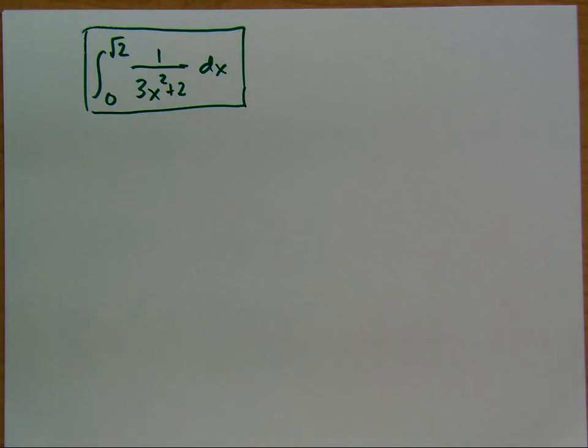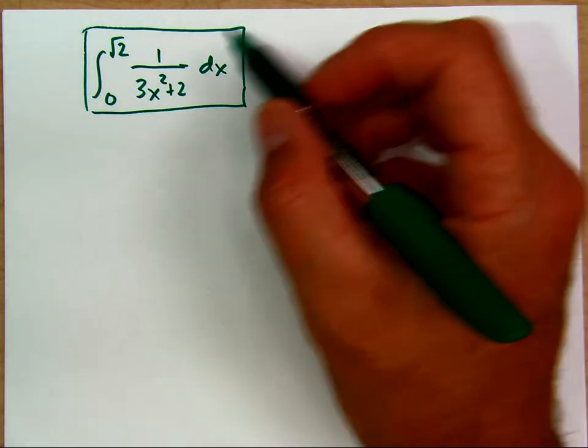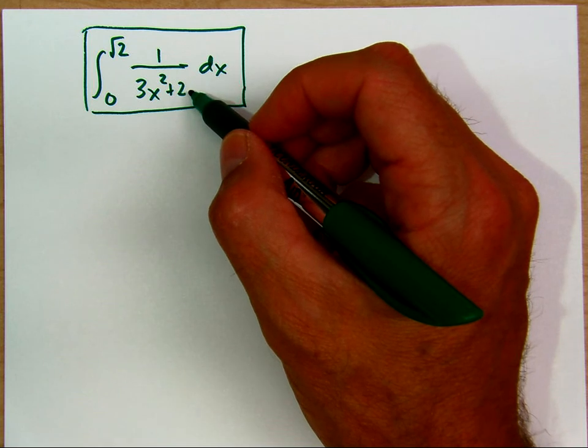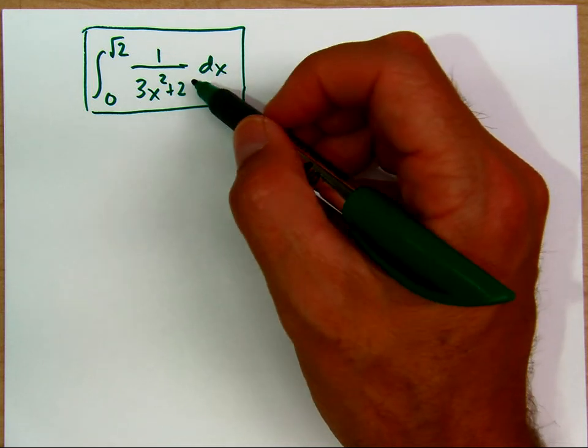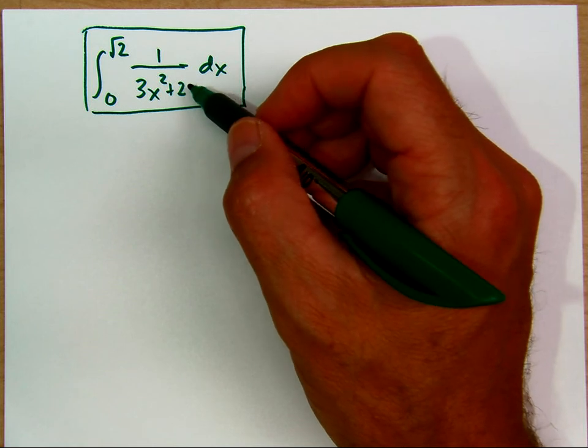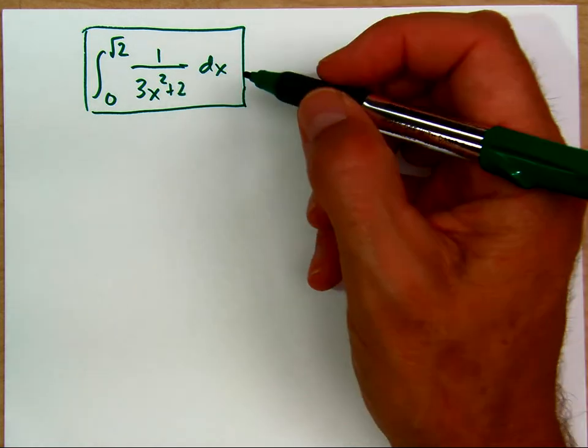Alright, pause the video and try that one. So we have to identify which inverse trig function we are working towards. We don't have a radical, so it can't be arcsecant and it can't be arcsine. Maybe it can be arctangent.